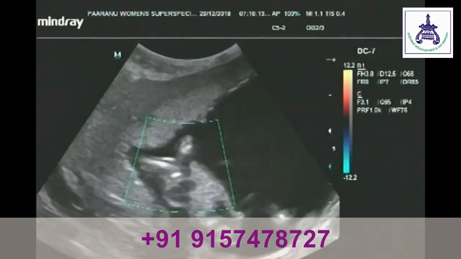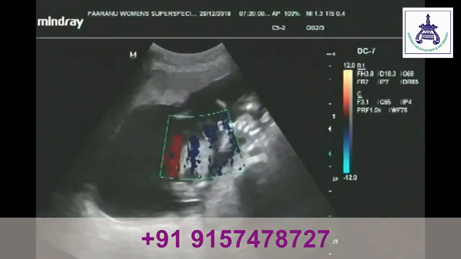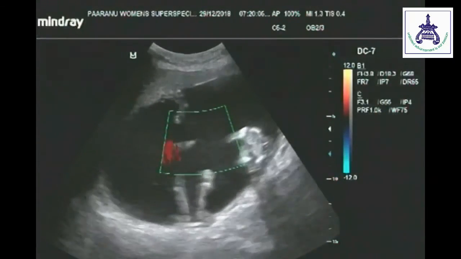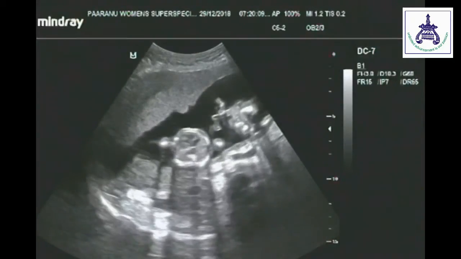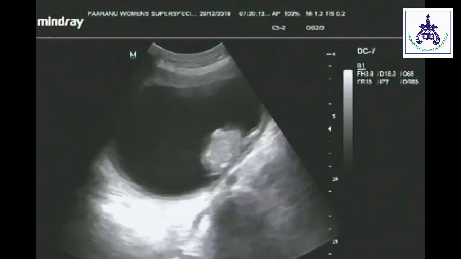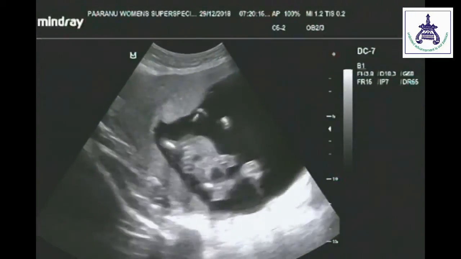I am putting the color Doppler on the umbilical cord. There is no blood flow as such in the cord. The color is showing because of the movement. You can see that there is still bradycardia.